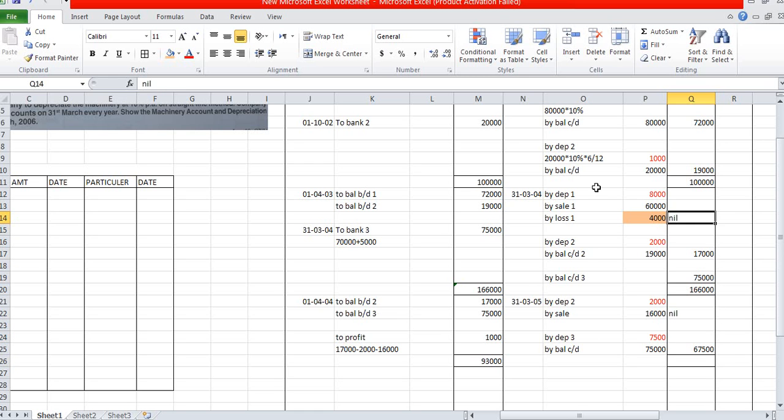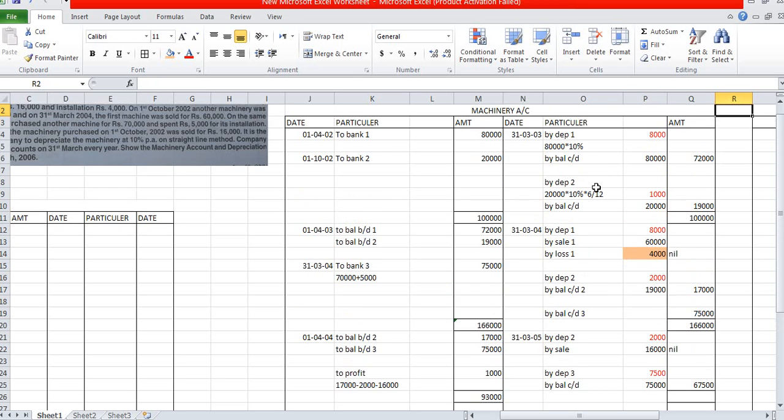I am just putting this amount inside, but you can put this amount outside. Okay, carried on amount, this is the sales amount. 60, 70, 80. By depreciation amount, I'm just putting inside, or you can take this amount outside also, we don't have a problem. Just for clearance purposes I'm taking inside. 70, 80,000, 91,000 you will get here.